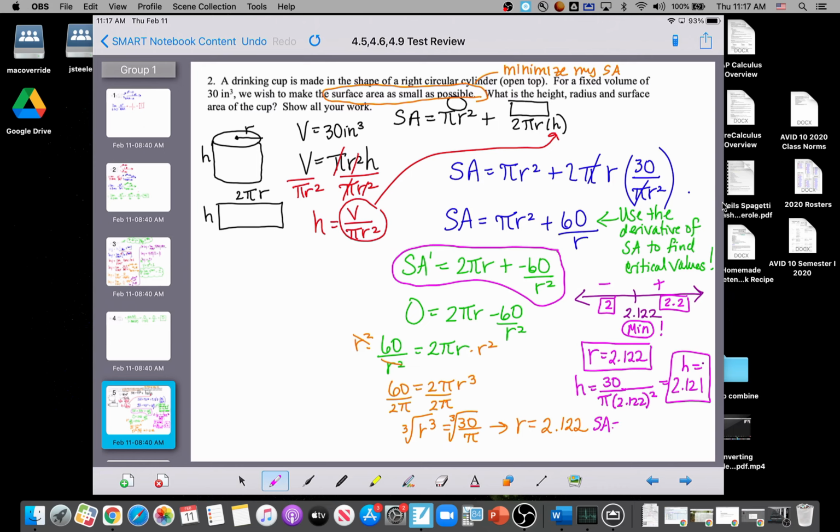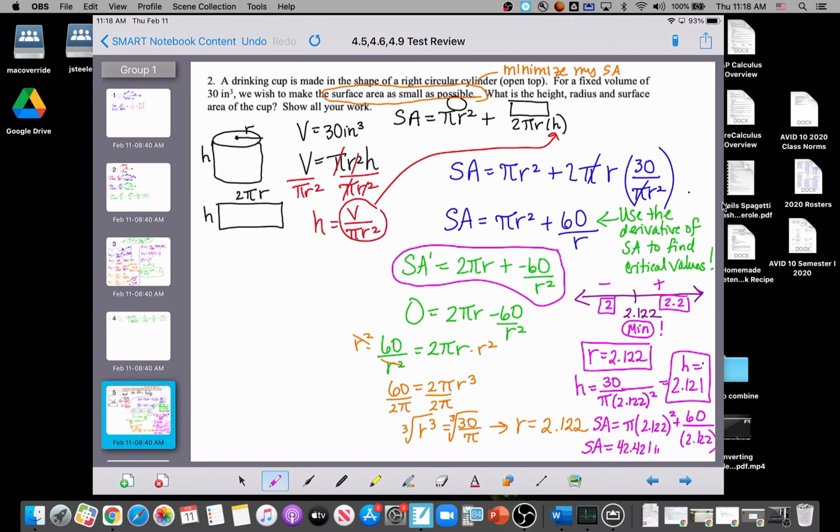So my surface area is going to be equal to pi times 2.122, that's my radius, squared, plus 60 divided by my radius, which is 2.122. I'm using the equation where I actually simplified and eliminated height. And so then I get my surface area is equal to 42.421.